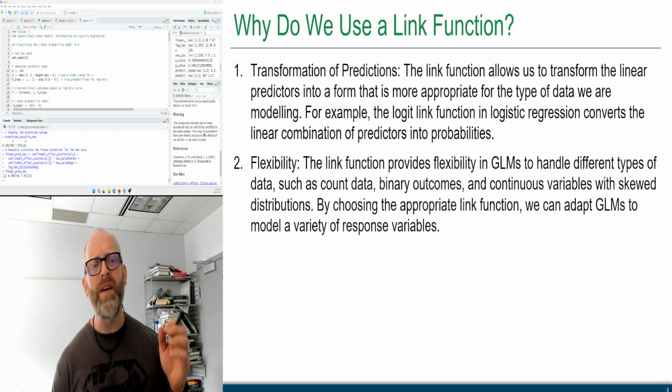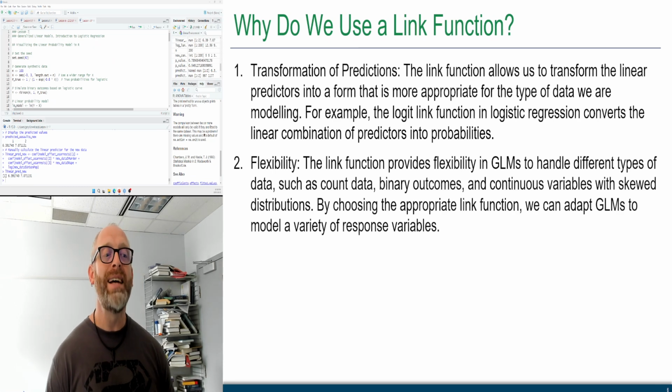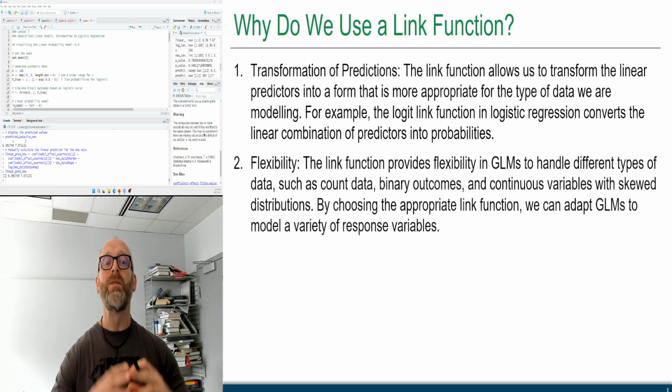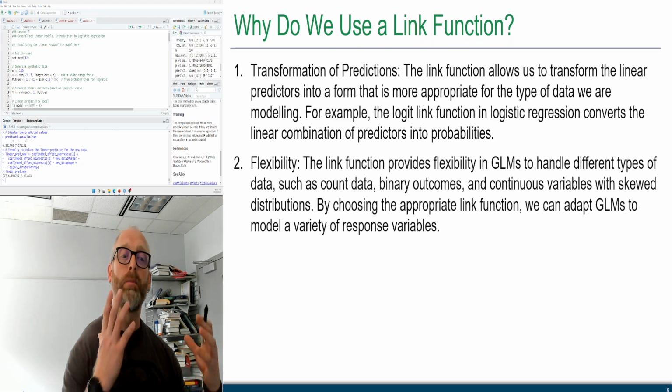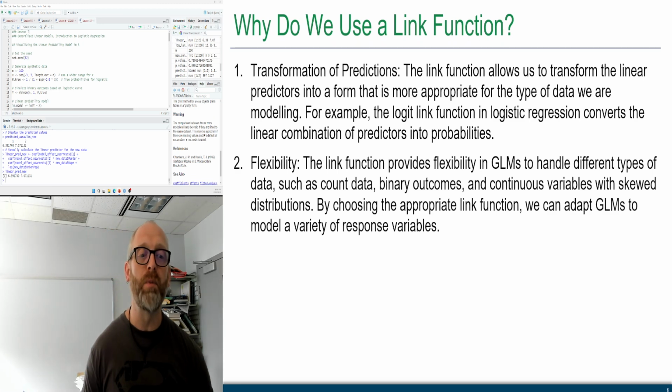All right, second reason why: flexibility. The link function provides flexibility in GLMs to handle different types of data, such as count data, binary outcomes, and continuous variables with skewed distributions. So we can have this general framework, and we just have to pick the appropriate link function to map the linear combination of predictors to whatever type of response we're dealing with.